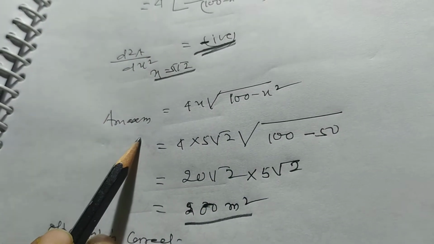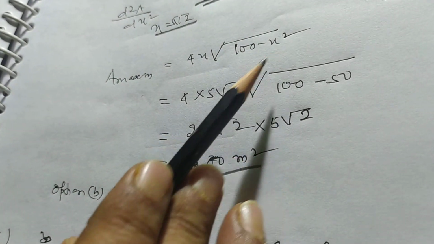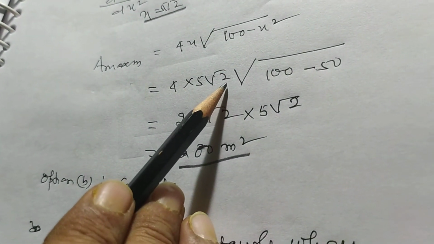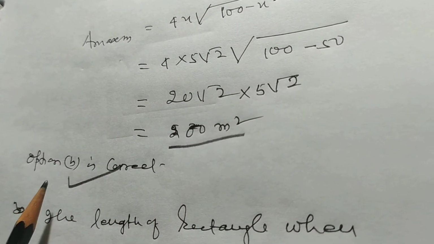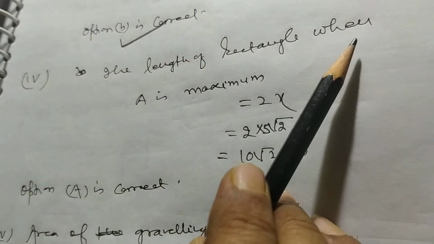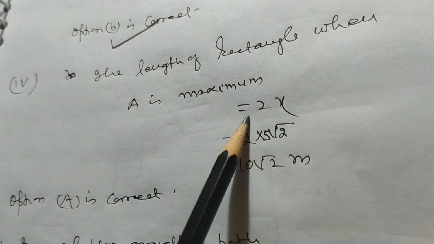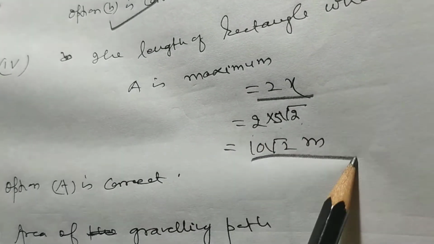And how much area? It will be 4x root over 100 minus x square, and by putting the value of x is equal to 5 by root 2, we get maximum area. So in this way, we can solve this problem. The length of rectangle when A is maximum, that is 2x, is 2 into 5 root 2, that is 10 root 2 meter.